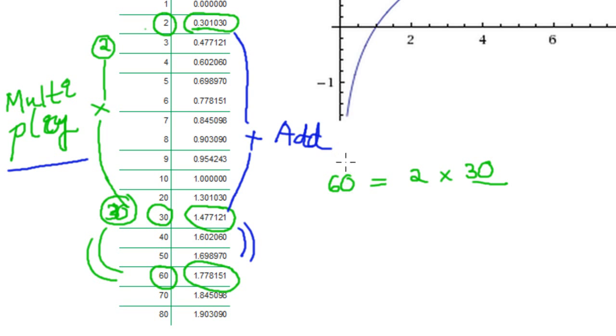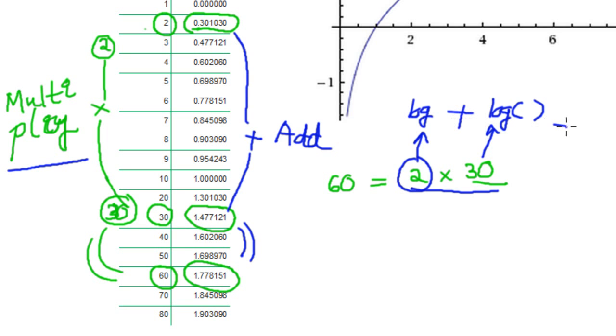So if you want to find out the answer to the problem 2 into 30, then you have to find the logarithm of log 2 and the logarithm of 30. You add these two numbers, you get a particular answer.